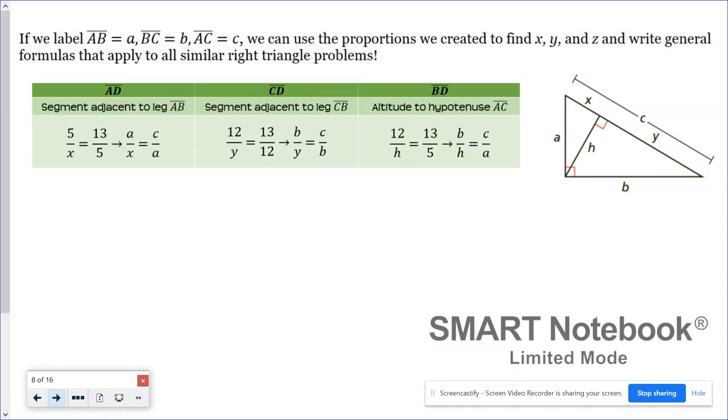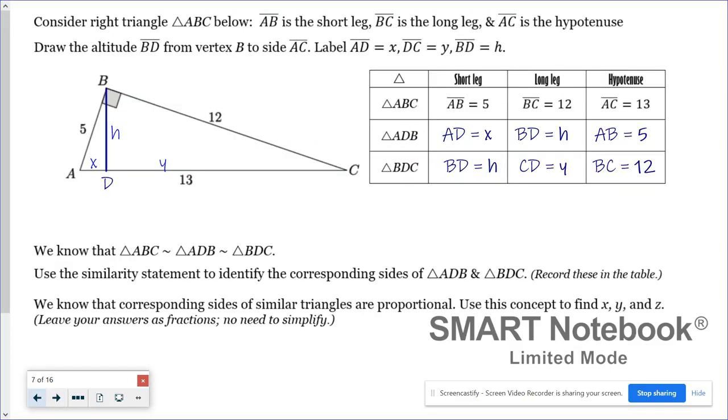So to find the value of x, you created a proportion, x being the segment adjacent to leg AB, like this one right here.